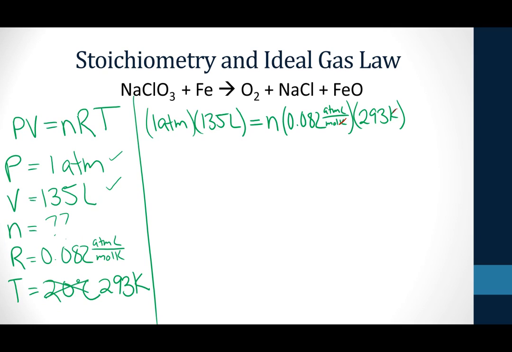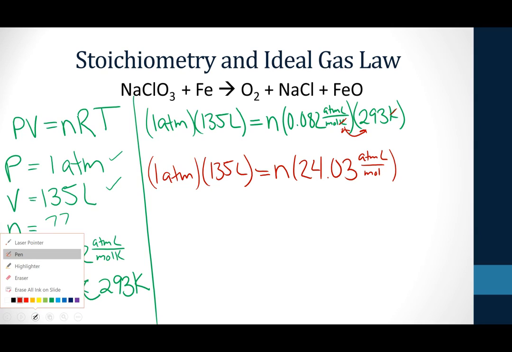So Kelvin on top, Kelvin on bottom, multiply these two numbers together. So that's 0.082 times 293, and I'm going to have 24.03. And we're left with atm liters over moles. And I didn't do anything over here yet because I like how units shake out.